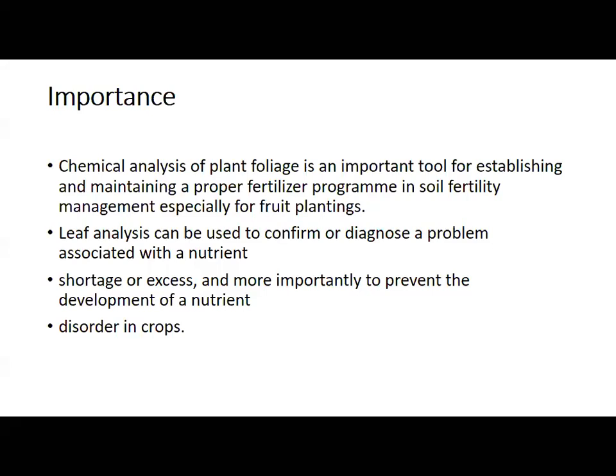There are various deficiency disorders, which occur due to deficiency of a nutrient in the soil, so that it shows symptoms on the plant. In tomato, there is a particular disorder called blossom end rot.